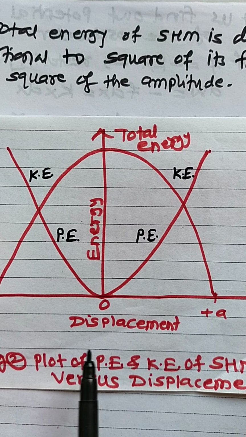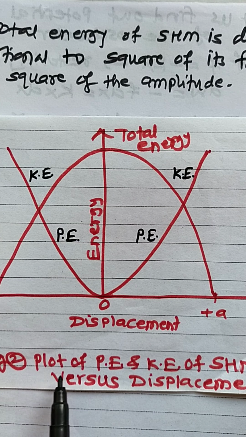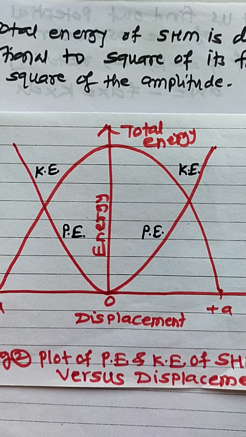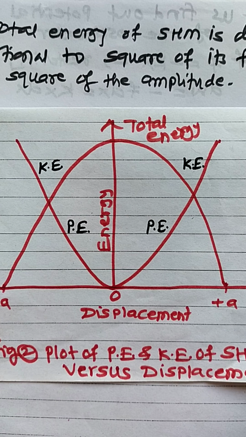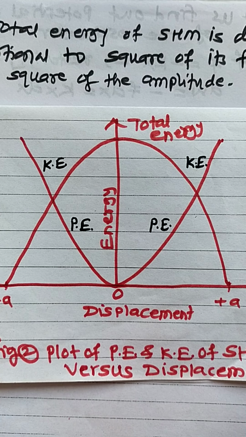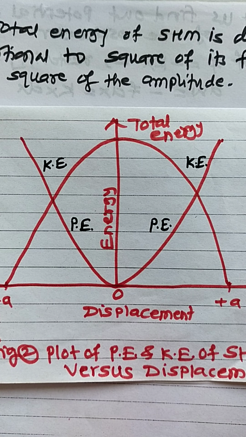This is shown by the graph of potential energy and kinetic energy of the SHM versus displacement. This is one of the characteristics of linear SHM, that is, the energy of simple harmonic motion. So we stop here.